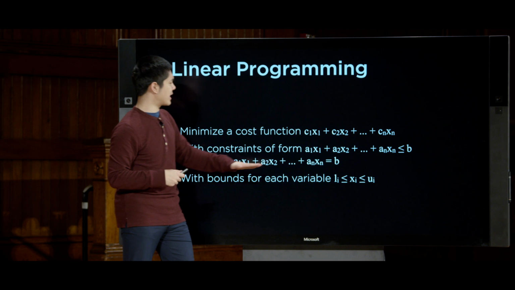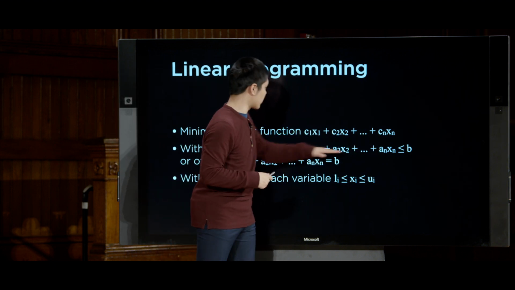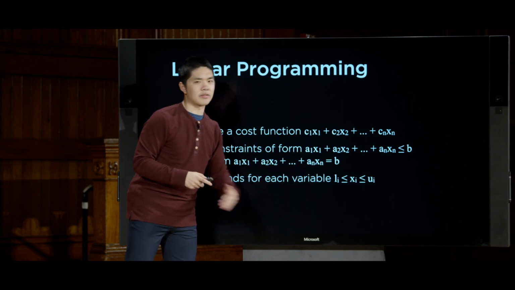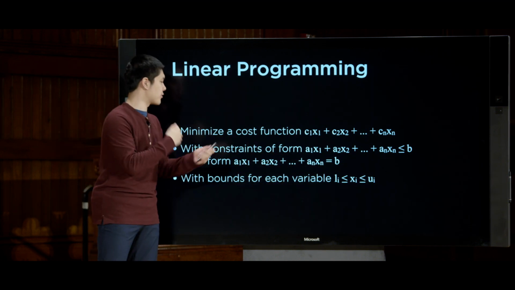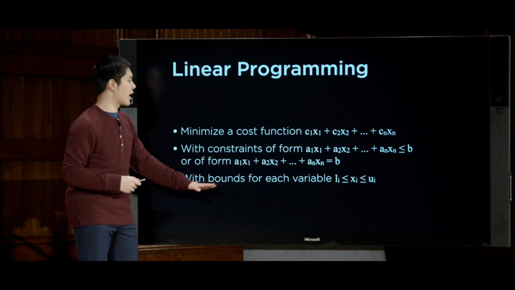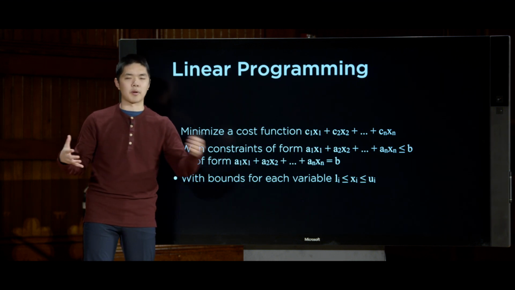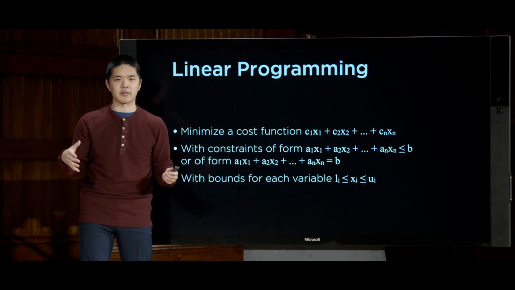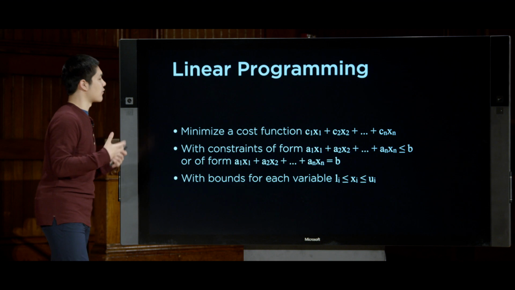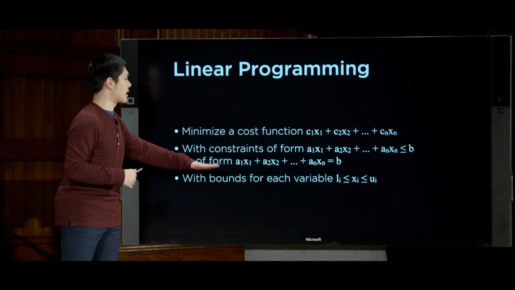Likewise, just as we can have constraints saying this linear equation is less than or equal to some bound b, it might also be equal to something. If you want some combination of variables to be equal to a value, you can specify that. We can also specify that each variable has lower and upper bounds, that it needs to be a positive number, for example, or a number that is less than 50, for example.